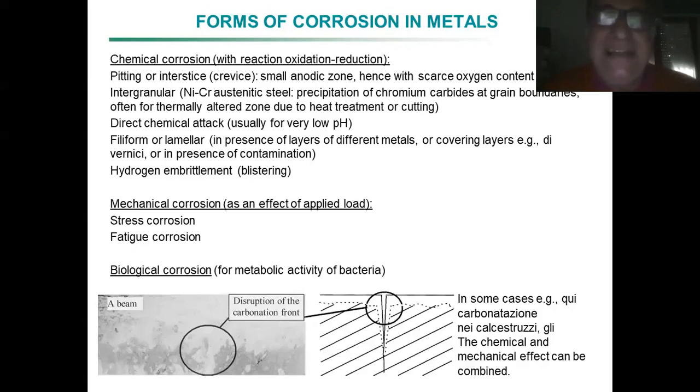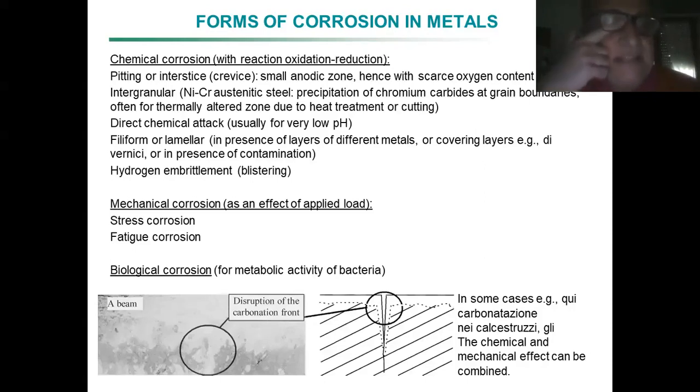You may have an acid which interacts with your metal, with a very low pH, and therefore you have a direct chemical attack. For example, hydrochloric acid might interact with metal and produce some nasty pitting.